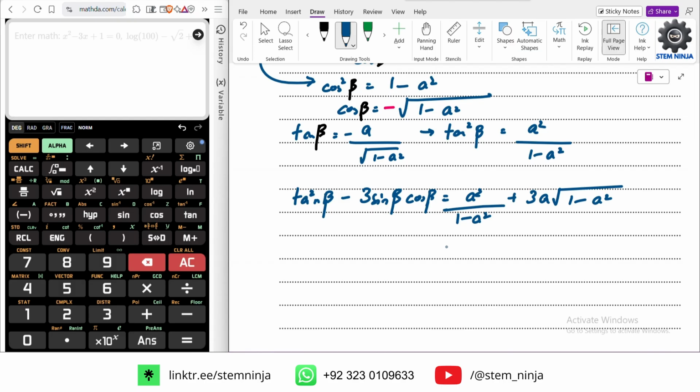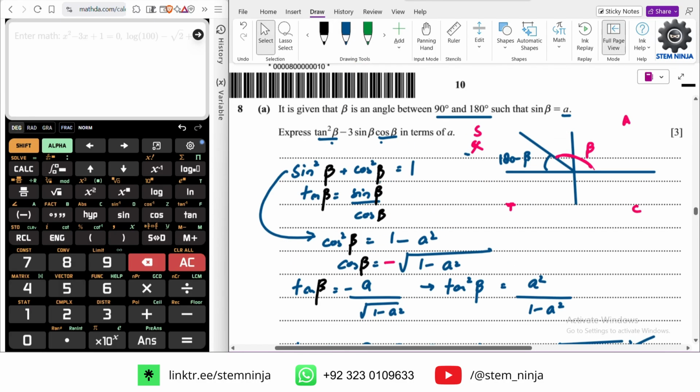Okay, we need to make it a clean expression. I don't think there is anything more we can do over here. This is the simplified form.